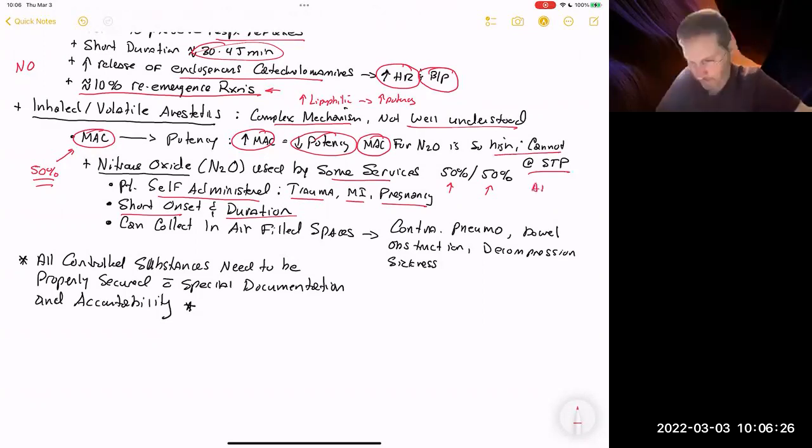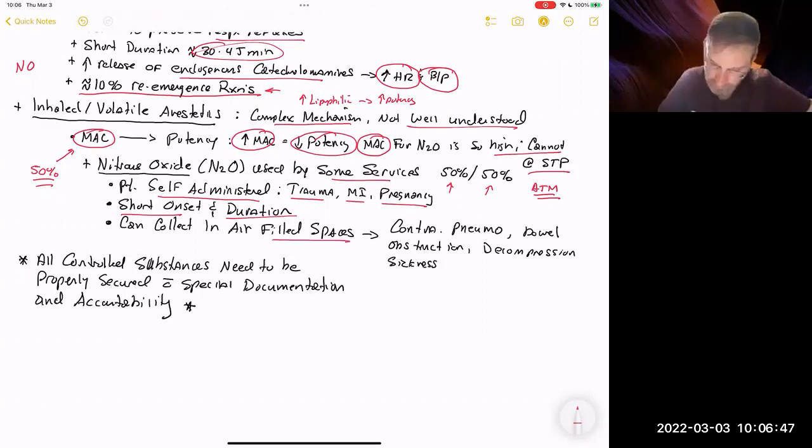So at normal atmospheric pressure, you cannot give somebody enough nitrous oxide to cause surgical anesthesia. So it's very safe. Unfortunately, it can collect in air-filled spaces.